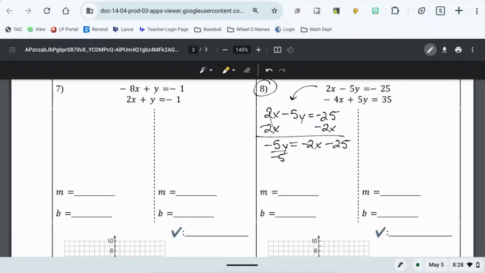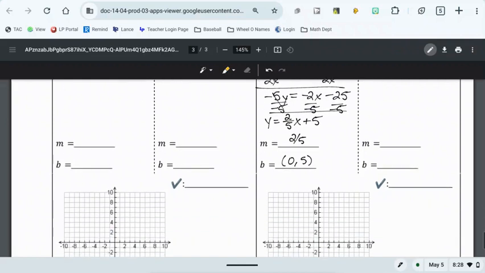Divide everything by negative 5. We get y equals negative 2 over negative 5 gives us positive 2/5 x. And then negative 25 divided by negative 5 is going to be a positive 5. So our slope is 2/5, and our y-intercept is (0, 5).